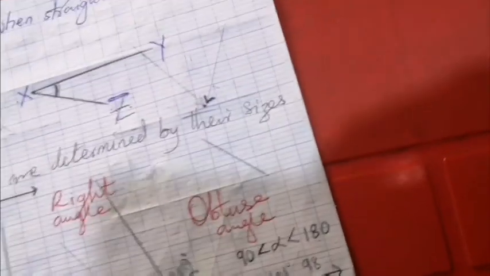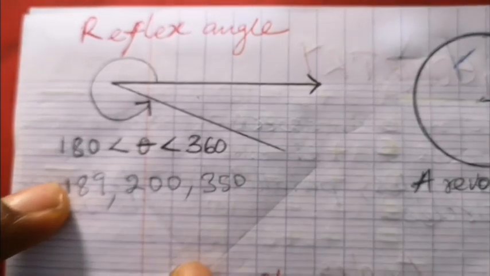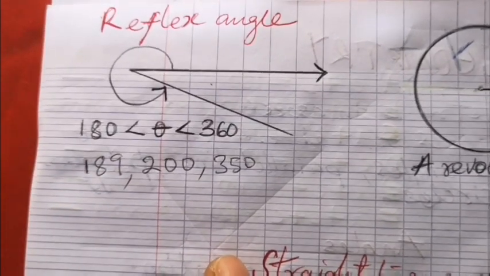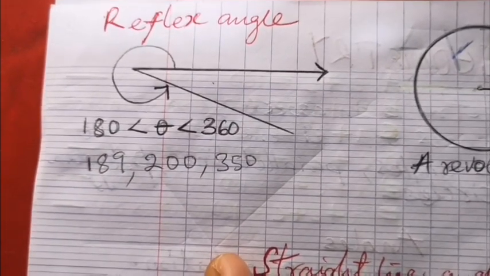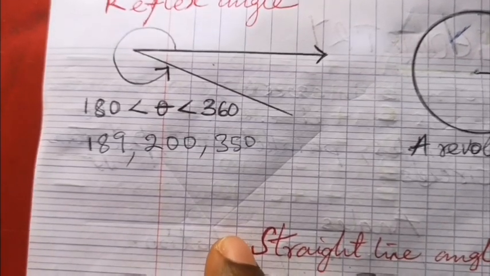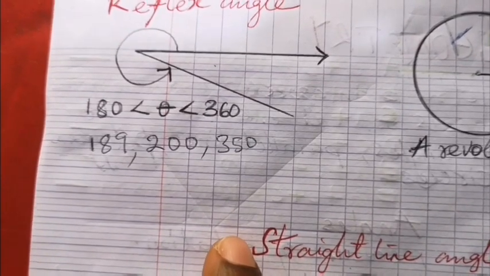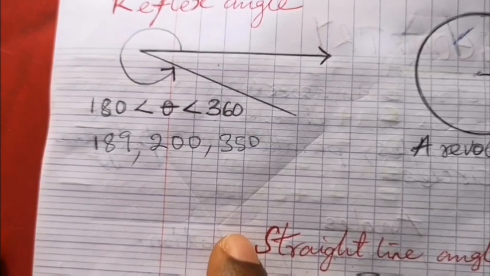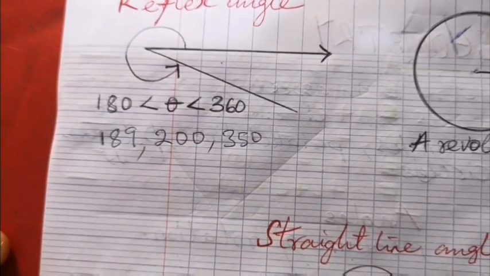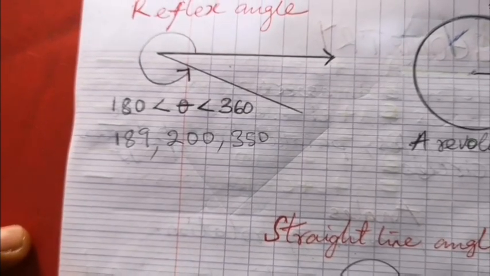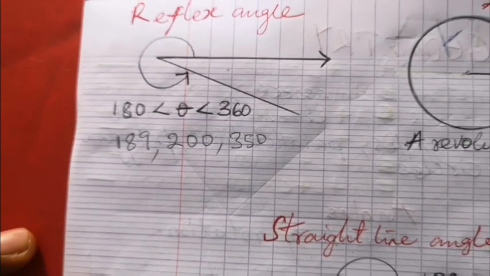The next one we have here is reflex angle. A reflex angle is an angle that is less than 360 degrees but bigger than 180 degrees. In other words, the reflex angle lies between 180 degrees and 360 degrees. Examples of reflex angle: we have angle 189, we have 200, we have 350.